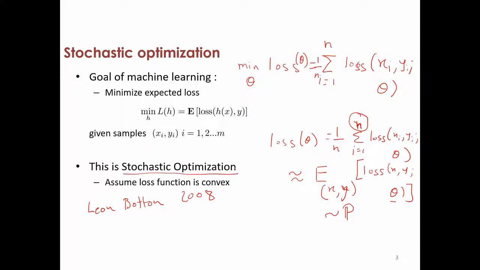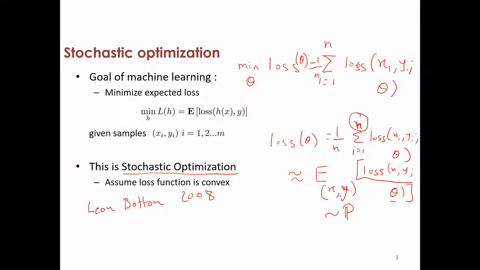So what is a stochastic optimization problem? It is an optimization problem where your actual objective function is a random variable. So what is the random variable? The loss is the random variable.